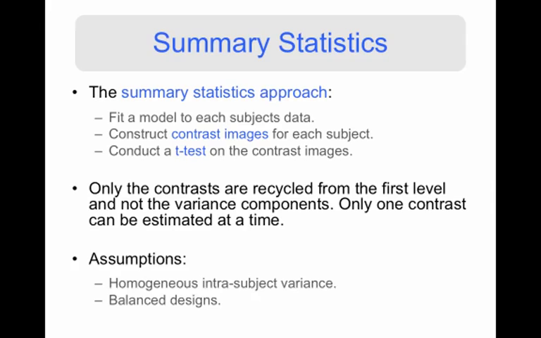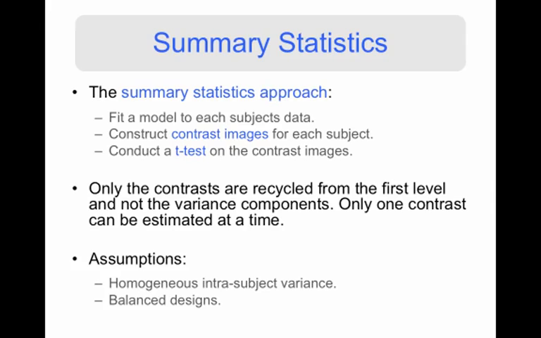Now this approach makes certain assumptions. It assumes that we have homogeneous intra-subject variance, and also that we use a balanced design, so we have the same design matrix. Analyzing data in this manner significantly simplifies the analysis, because what we're really doing is just a series of single subject GLMs and then combining them by doing a t-test across images.